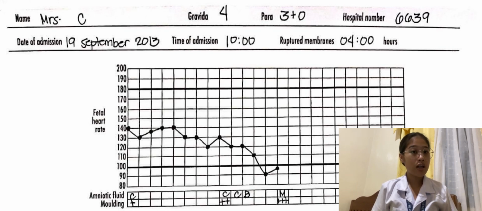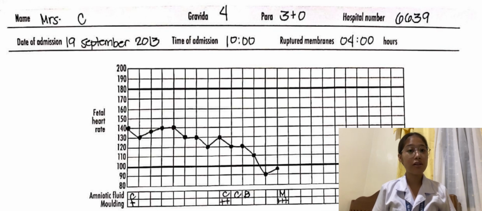And we can now move to the amniotic fluid, wherein you can see in here that there is blood stained amniotic fluid at 15 military time, but at 16:30 military time, there is already a passage of meconium, or there is amniotic fluid meconium stained.